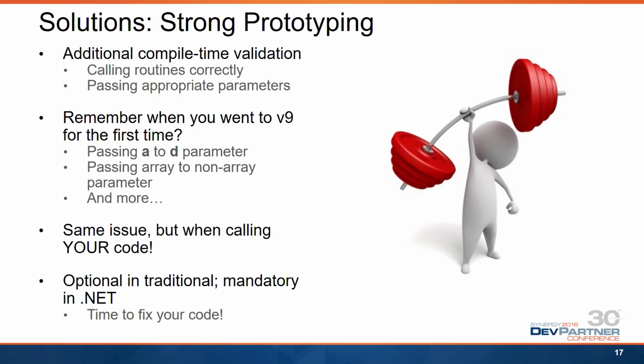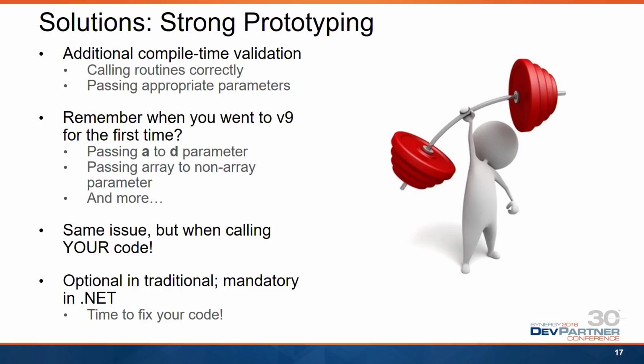So solutions, strong prototyping. Strong prototyping is basically additional compile time validation that's going on. When you bump up against issues with strong prototyping, what the compiler is telling you is that you've got a bit of an issue with your code here. Generally, if you get an error because of strong prototyping, it's a bug in your code, really.